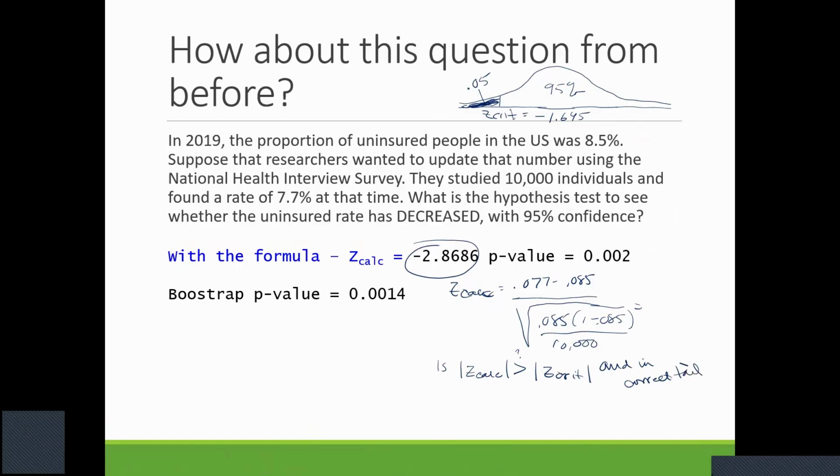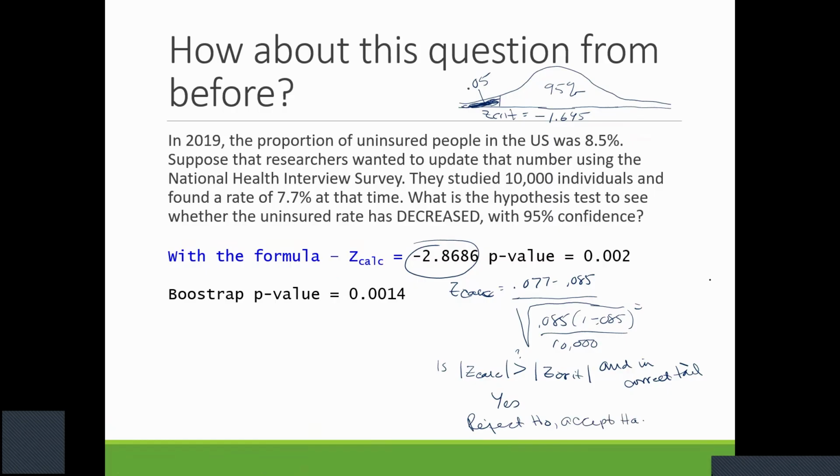And remember, we are looking to the left, and we did get a negative number, so it is in the correct tail. And the answer to that is yes, because 2.8686 is indeed greater than 1.645. So what we're going to do here is reject H0, which means we have to accept HA.